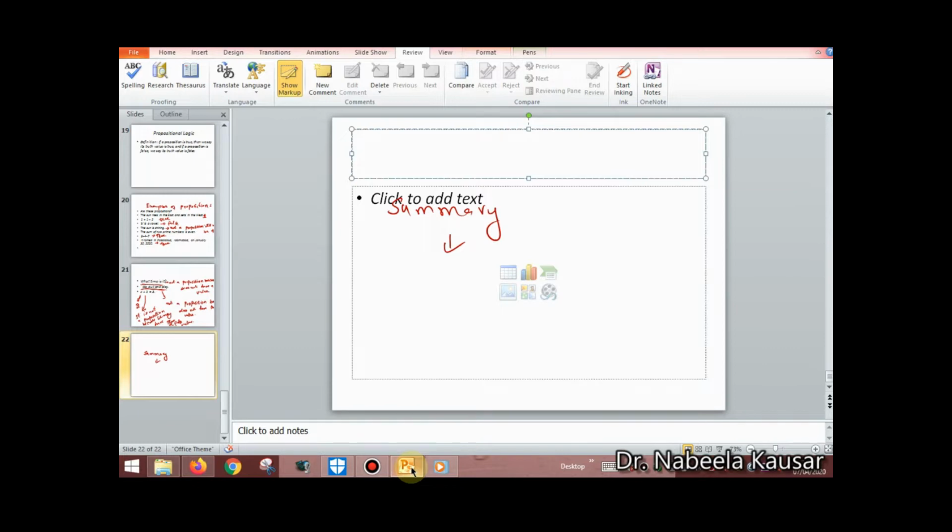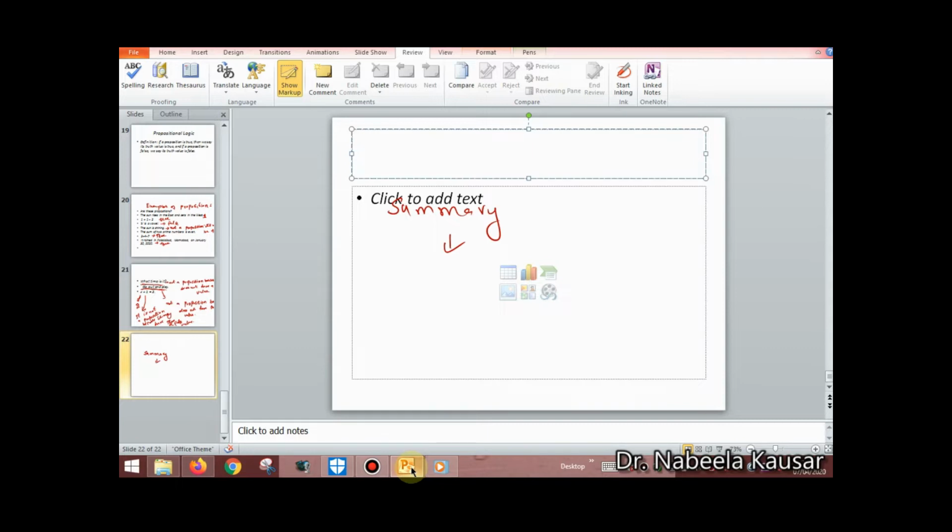The first method for knowledge representation which we are discussing is propositional logic. So then we discussed what is a proposition. A proposition is the basic building block of logic. It is defined as a declarative sentence.